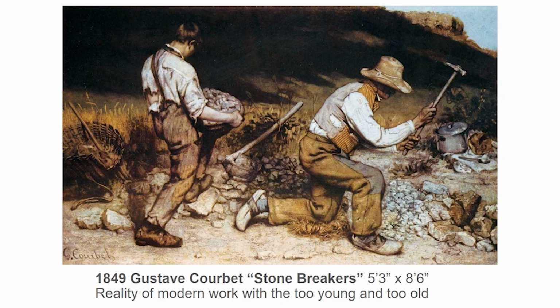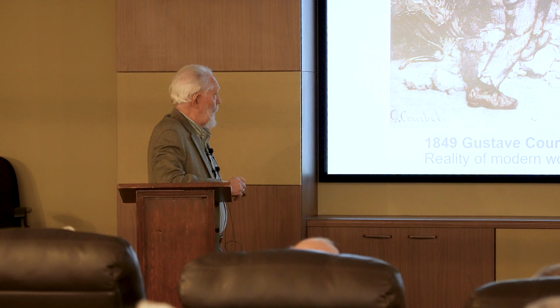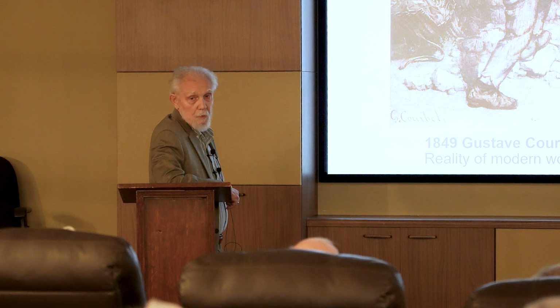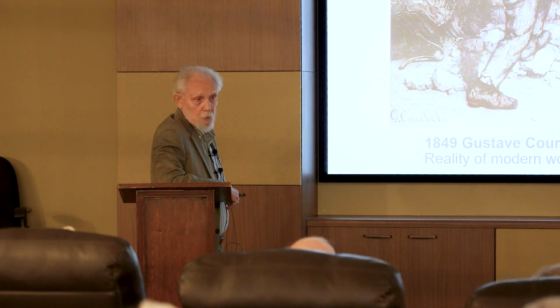This is Courbet's Stonebreakers, and it's not the kind of subject matter that's beautiful or poetic. It simply represents a kind of activity, a real activity. Roads need to get built, and some people need to break rocks apart to be able to make those roads.